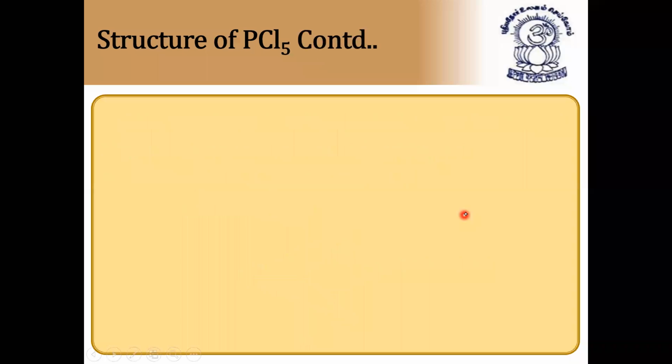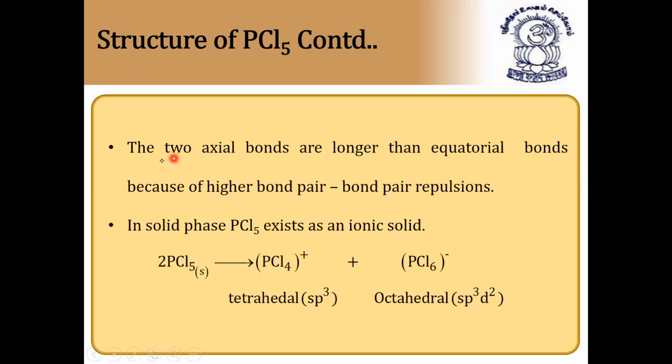Next, structure of PCl5 continued. The two axial bonds are longer than equatorial bonds because of higher bond pair repulsions. In PCl5, they'll also ask this: which of the following is correct regarding PCl5? First statement, PCl5 undergoes sp3d hybridization, correct. PCl5 has trigonal bipyramidal structure, correct.